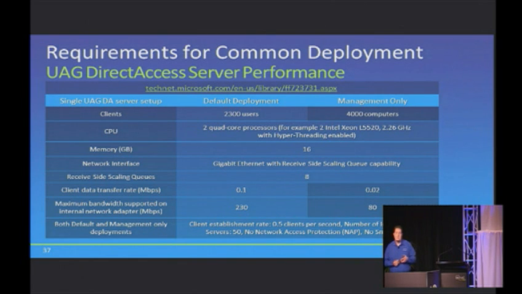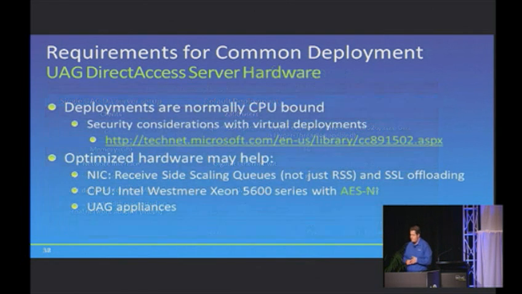And CPU is basically something which is critical. So when you're thinking about using the virtual version of UAG or appliances, for example, you see that there are lots of differences between those. Of course, if you have virtualization, there's an overhead which comes with that solution.